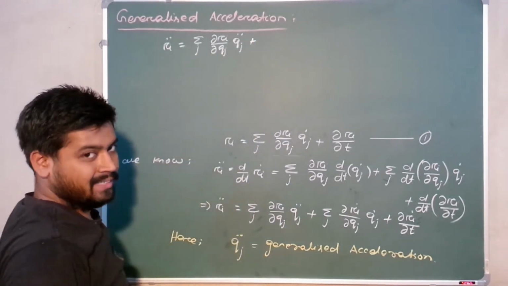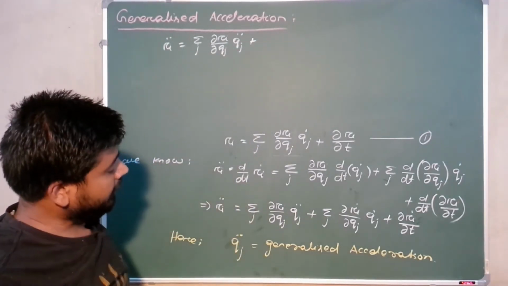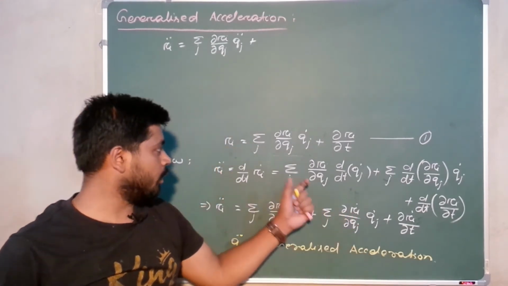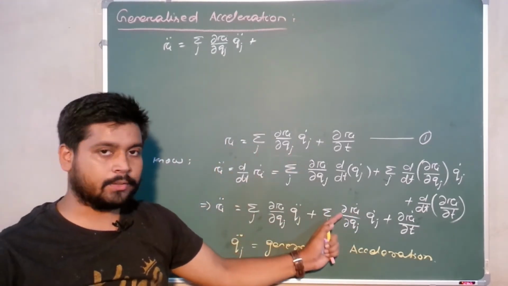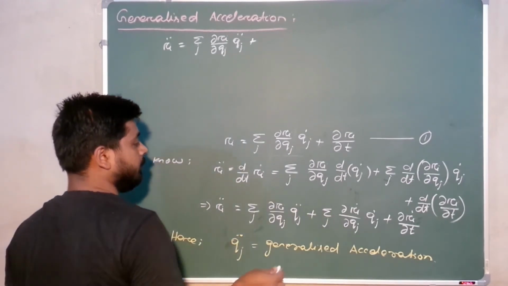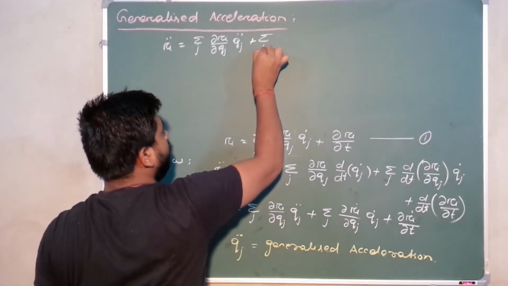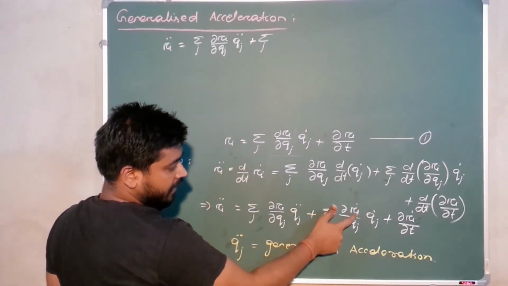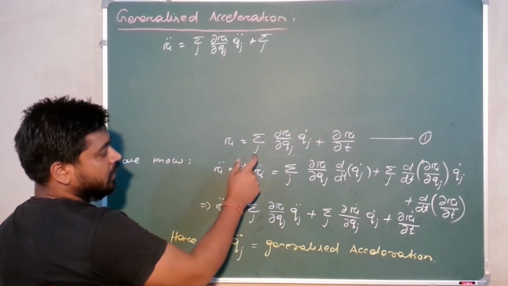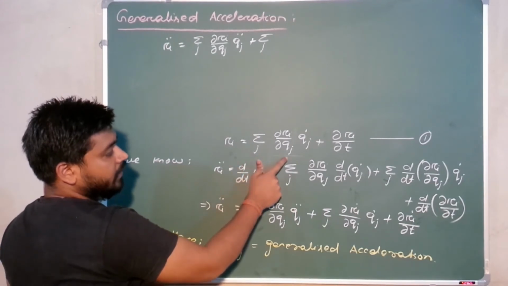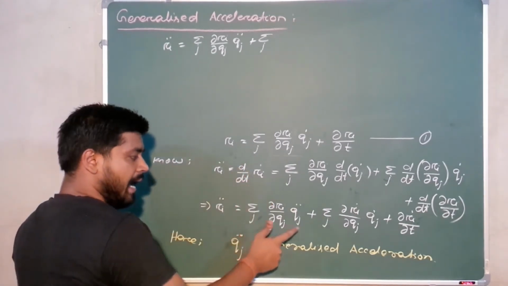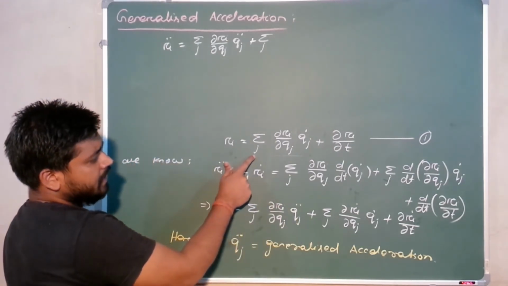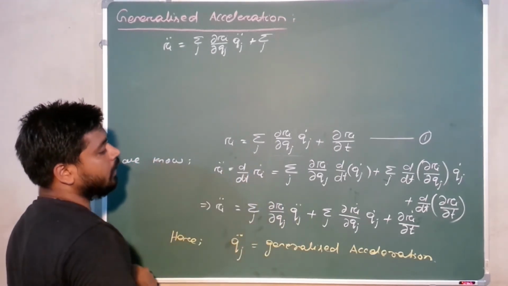Take the first term as it is. Then in the second term I have ri dot, so just put this expression for ri dot here. Put this expression in ri dot, but by changing the index. Here the index is j, and here also the index is j, so just replace this index j with k.